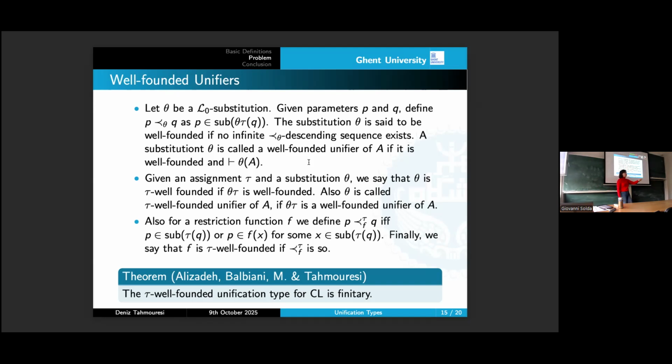Tau works on that one, and it is going to move parameters to boxed formulas. Arbitrary or fixed? No, that's why we said tau well-founded, because it can be defined in any way. It depends on tau, but it is not something fixed that we take. That relation depends both on theta and tau.